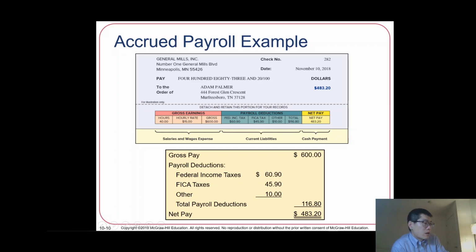These are based on some percentage calculation. You add all these things up together, and your total payroll deduction is $116.80. Then $600 minus this total deduction gives your net pay of $483.20, which is exactly the same as the net pay shown here.